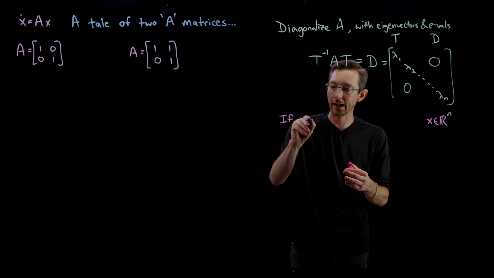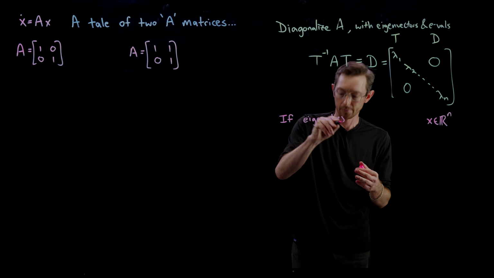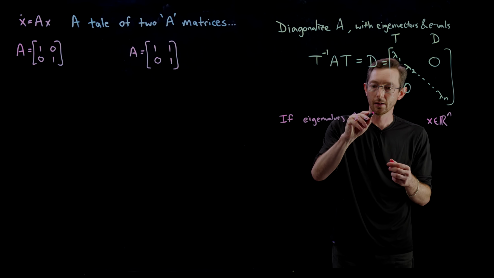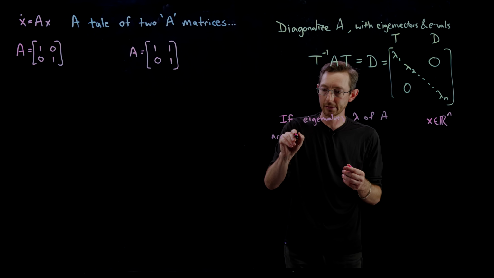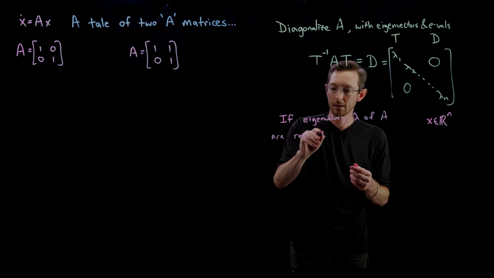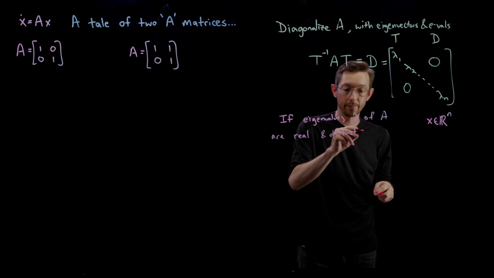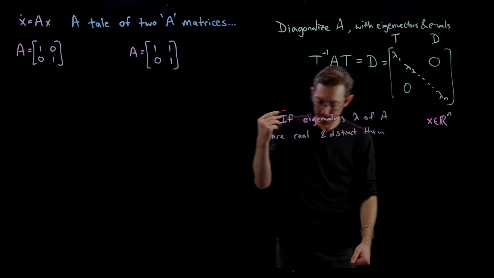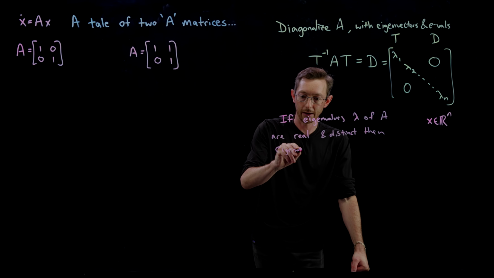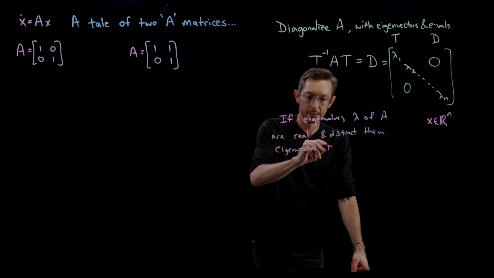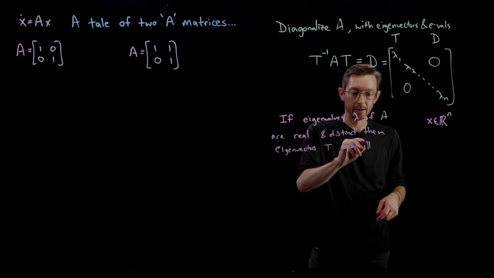if all the eigenvalues lambda of A are real and distinct, meaning they're not equal to each other. Then my eigenvectors T span this n-dimensional vector space.